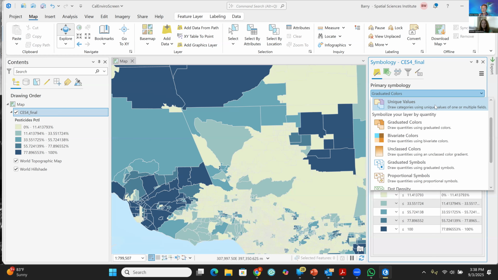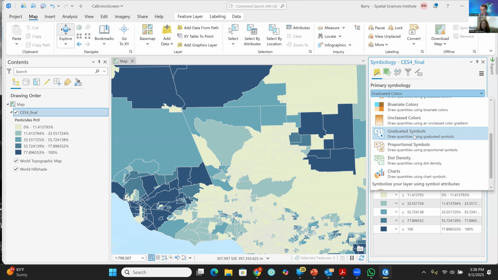It could be high schools, elementary schools, private schools, all of those would be examples of unique values. But here we're looking at graduated colors. You can also put 2 colors together, which is really cool. Make sure you pick good colors for that.